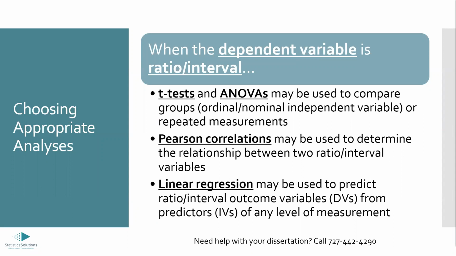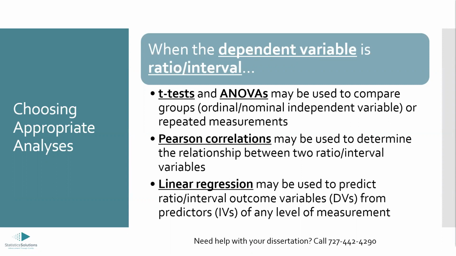So for instance, if we wanted to see if there's a difference between two groups on some interval or ratio level dependent variable, like say we wanted to compare the income levels of men and women, and income is just represented as a ratio level variable in dollar amount, then we could use something like a t-test to do that comparison.